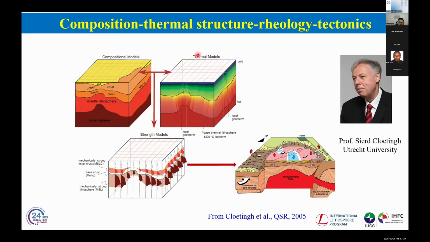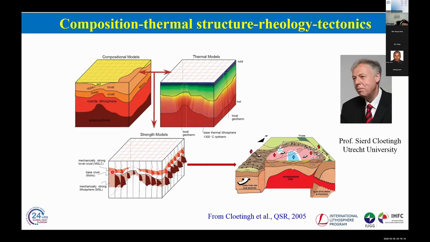Then we focus on submodels, some kind of 2D or 3D models, with the heat flow and thermal properties as constraints for the modeling. Then we can combine the composition information and the thermal structure to get the rheology model like this one. We can see the different parts of the lithosphere, such as the crust and upper mantle.